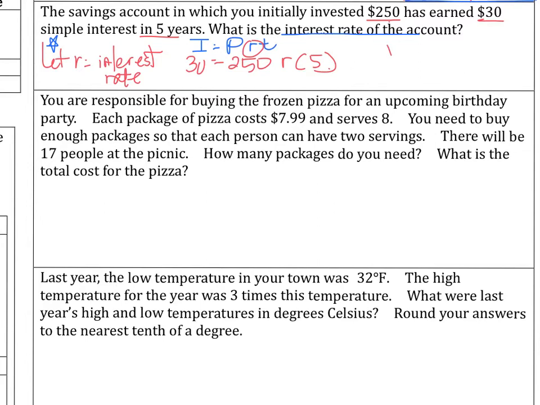So R would equal 3 over 125. And I could switch this to 1,000 by multiplying by 8. And if we shift this one decimal place to the left, we can get 2.4%.